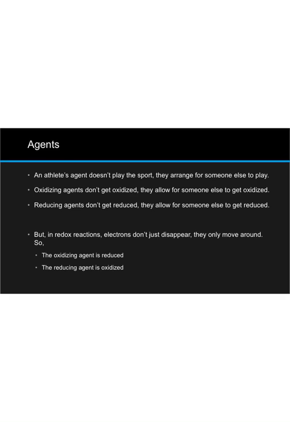Along these lines, we also had terminology related to agents. In redox reactions, agents don't do the thing that their name sounds like they do. And just like an athlete's agent doesn't actively play the sport, they just arrange for an athlete to play it, an oxidizing agent doesn't get oxidized. It just allows for another substance to become oxidized.